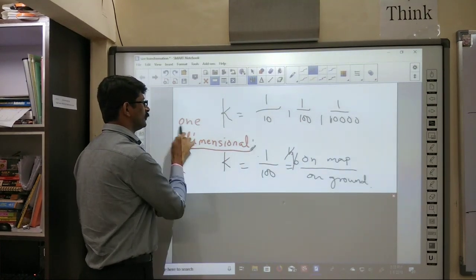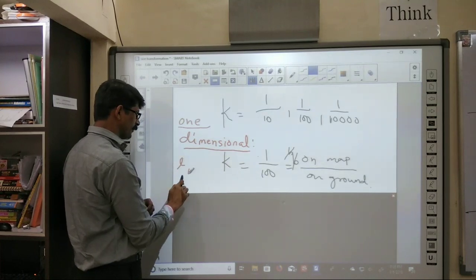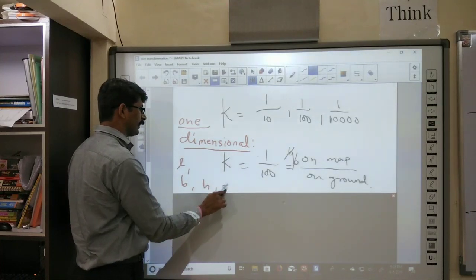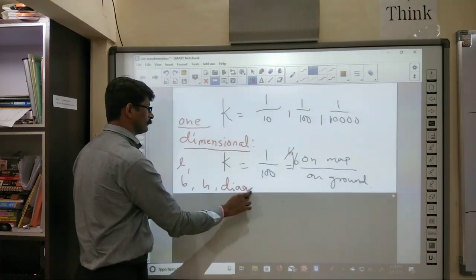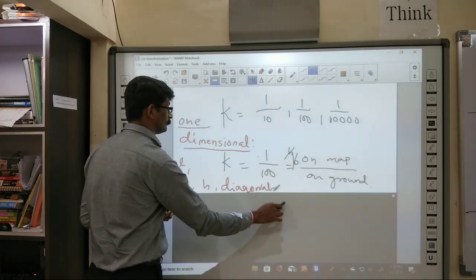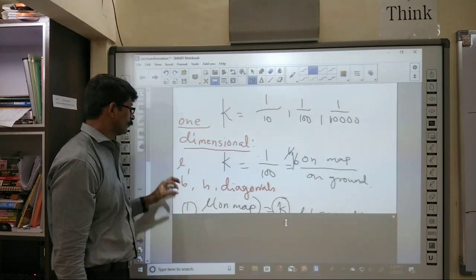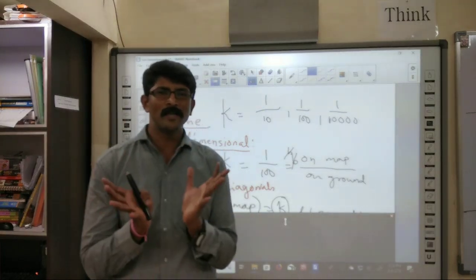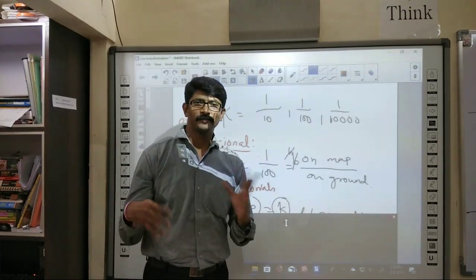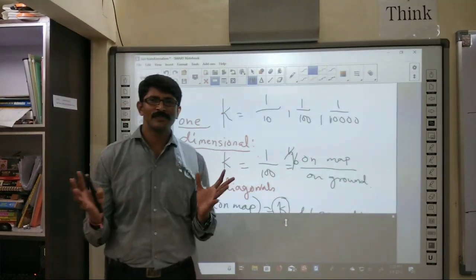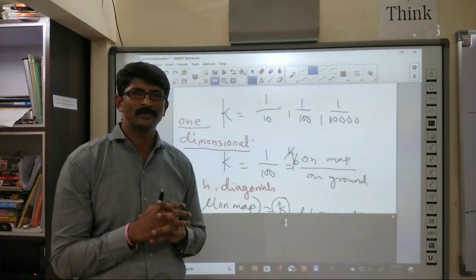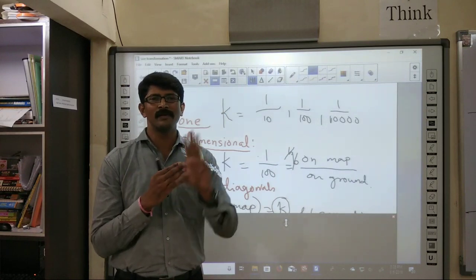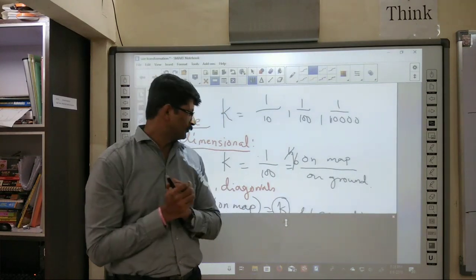One-dimensional things are length, breadth, height, and diagonals. I'll make a note. What are the two-dimensional things? Area, surface area, curved surface area are the two-dimensional things. And what would the three-dimensional thing be? Volume. Very good.